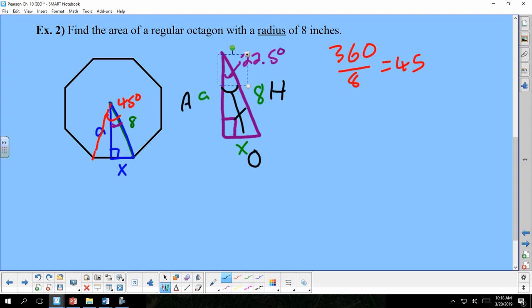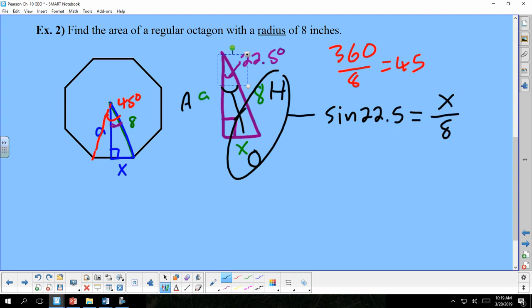The first one, let's solve for this x. So I have h. I'm looking for o. So we have sine of 22.5 equals x over 8. And then to undo division on this side, I'm going to multiply.